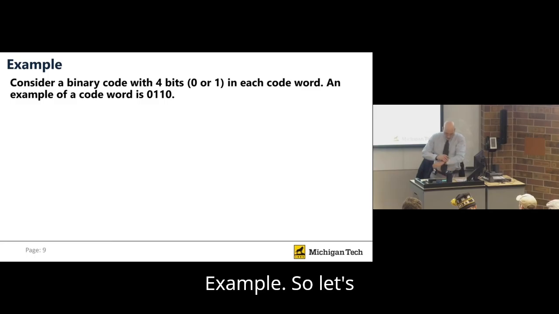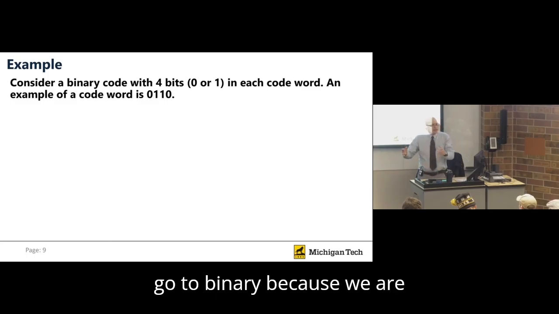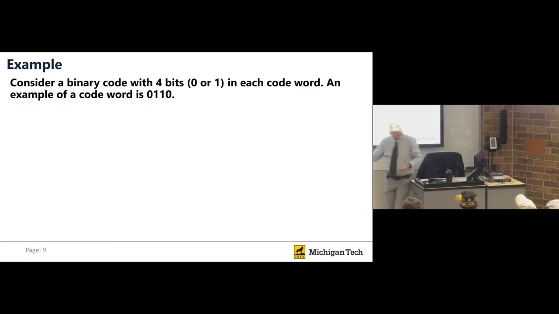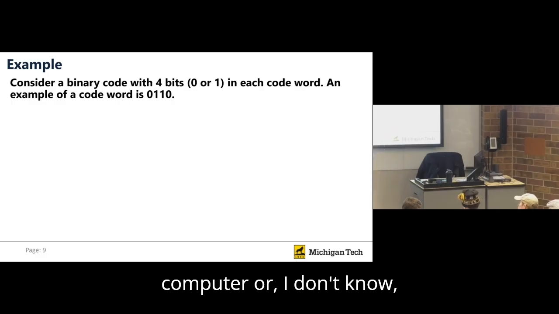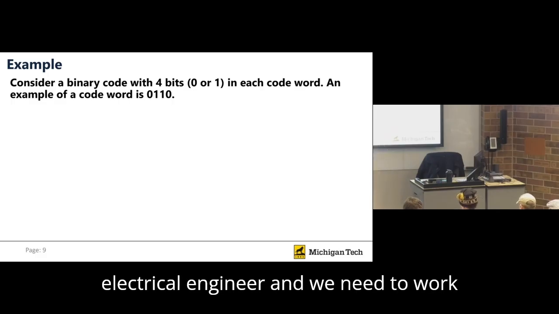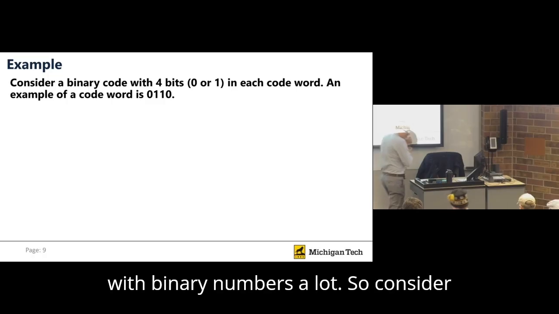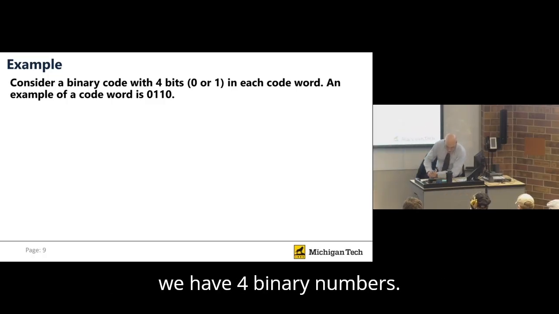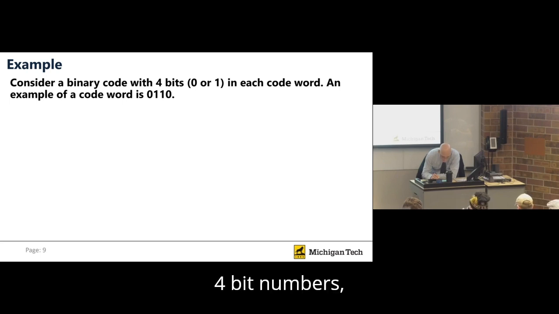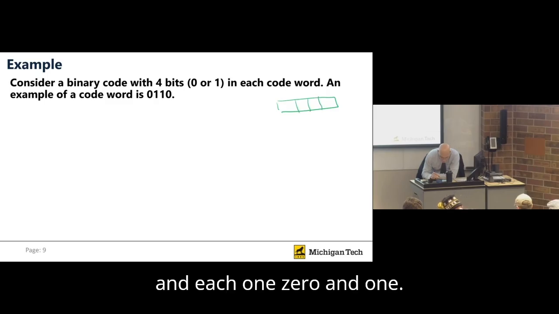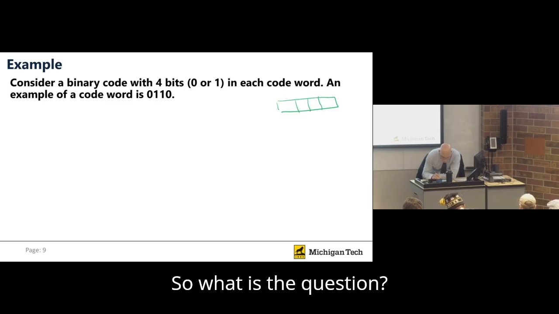Example. So let's go to binary because we are computer or electrical engineers, and we need to work with binary numbers a lot. So consider we have 4-bit numbers, and each one is 0 or 1.